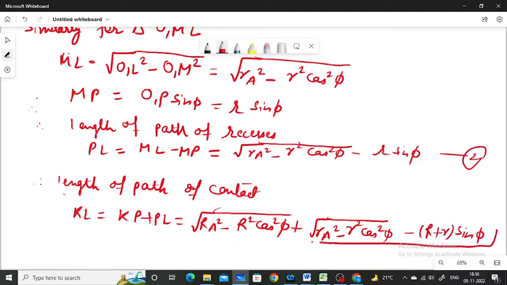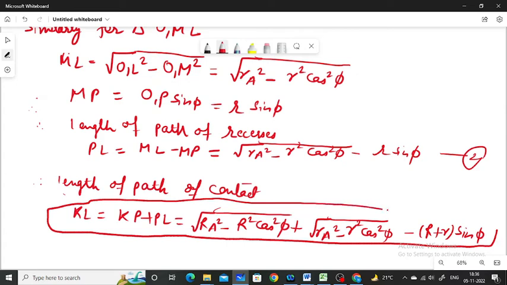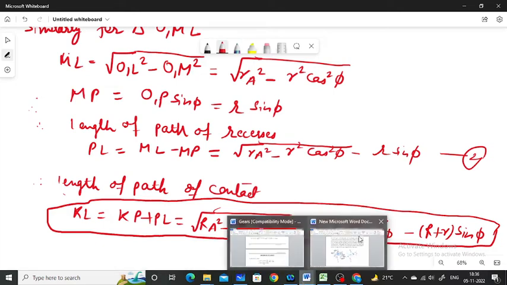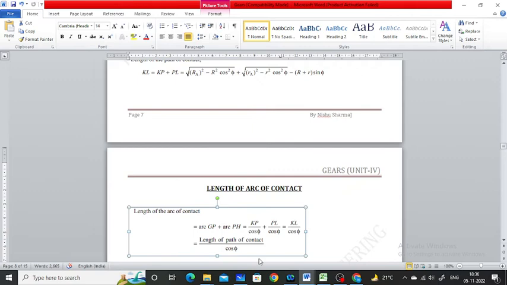That is the formula of the path of contact, where RA equals the radius of the addendum circle of the wheel, capital R showing the wheel and small r showing the pinion. This is the length of the path of contact.